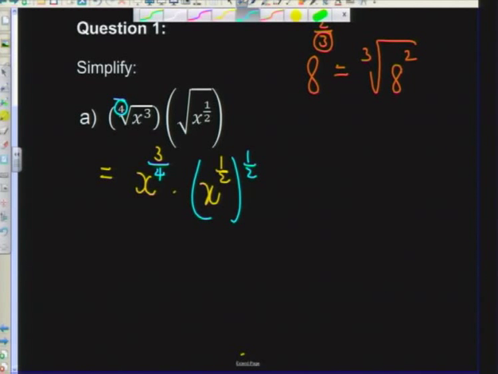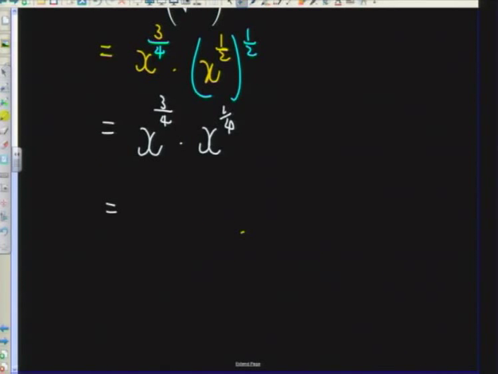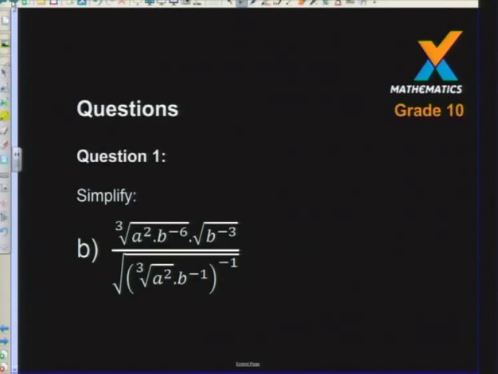So in the end, I've got an x to the 3/4 multiplied by an x to, remember the rule for a power raised to another power is just a quarter. And then we've got same base, and I'm multiplying same bases. So I get x to the power of 1, because 3/4 and a quarter is just 4 over 4, which is 1. So the value is x. Okay, then I can go on to the next question.